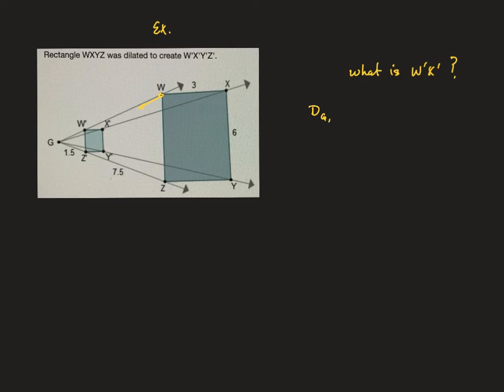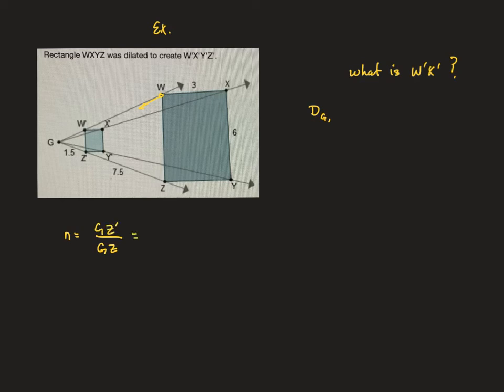And now in order to figure out my scale factor, it is going to be the new image divided by the old image. So I've given some lengths here. It looks like we have GZ, that's my old image, and then we have GZ prime.